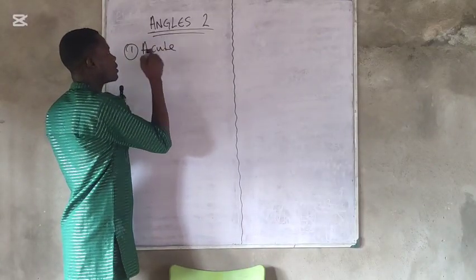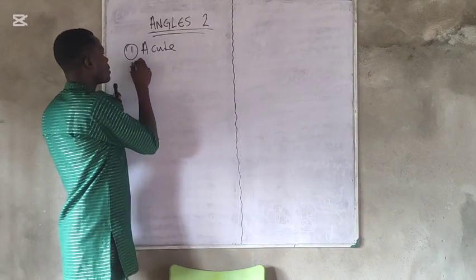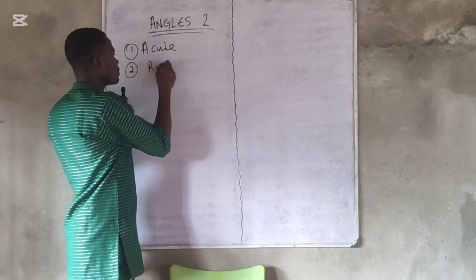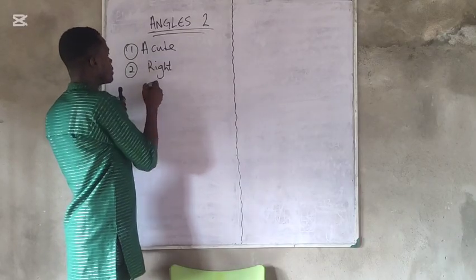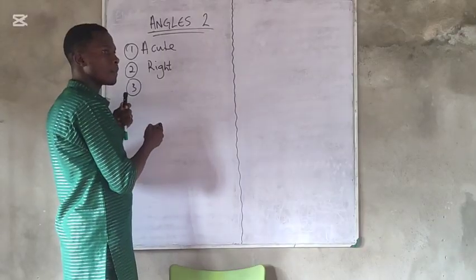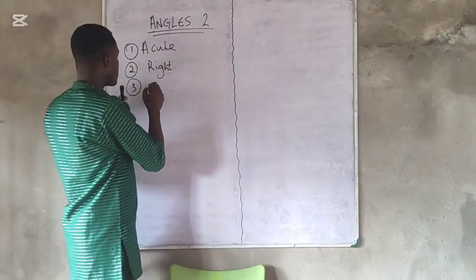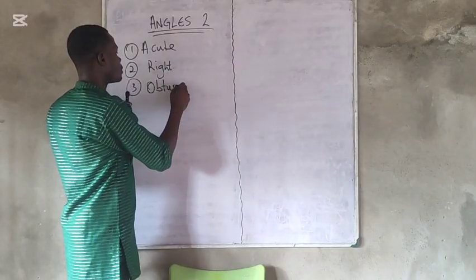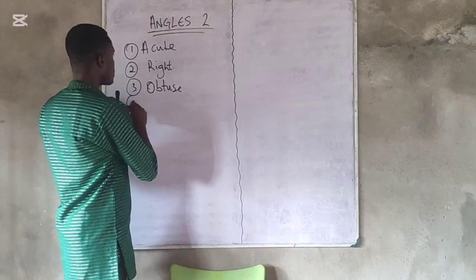Acute angles. Then I will also talk about right angles. Then we'll look at obtuse angles first.